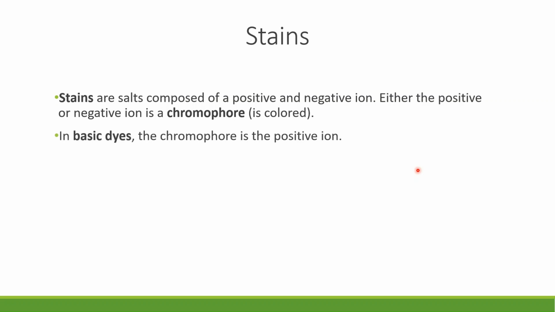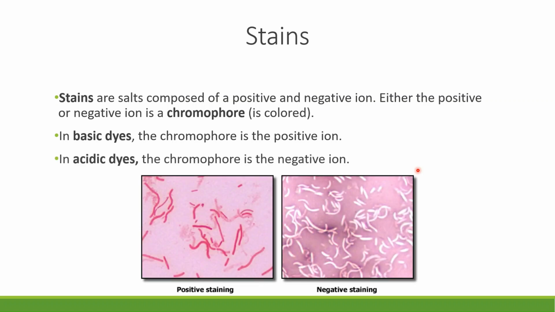We have two categories of stains, and those are going to be a basic dye and an acidic dye. A basic dye is when the colored portion, called the chromophore, is the positive ion. And an acidic dye is when that chromophore is the negative ion.